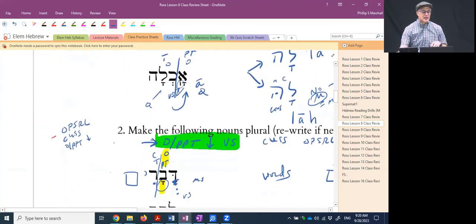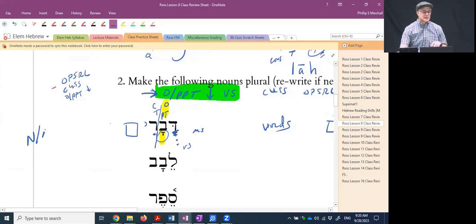So with nouns and adjectives, they like to reduce open propertonic syllables to vocal shava. And then what we'll learn is that verbs like to reduce open pretonic syllables to vocal shava.